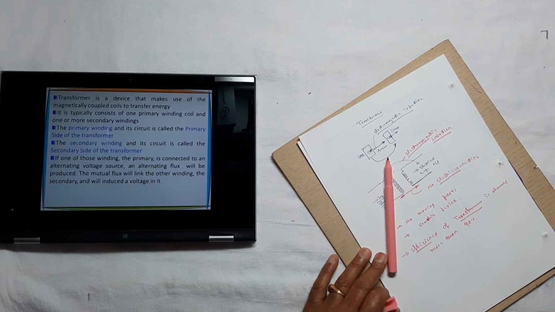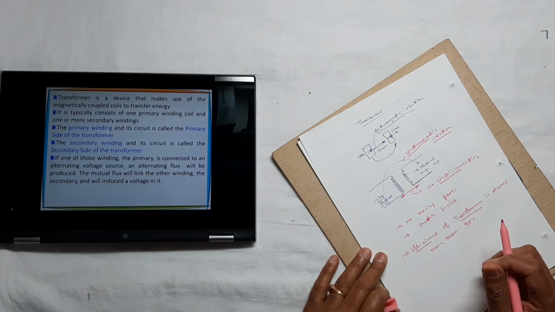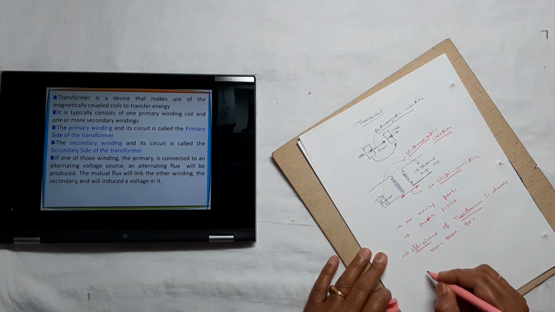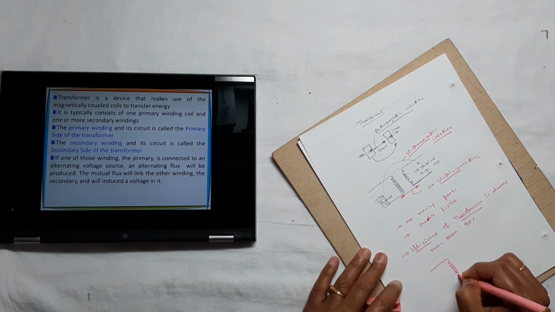Okay. Then some more points we have to discuss here. A transformer is a device that makes use of magnetically coupled coils to transfer the energy. The operation is very simple. I have got one winding here.